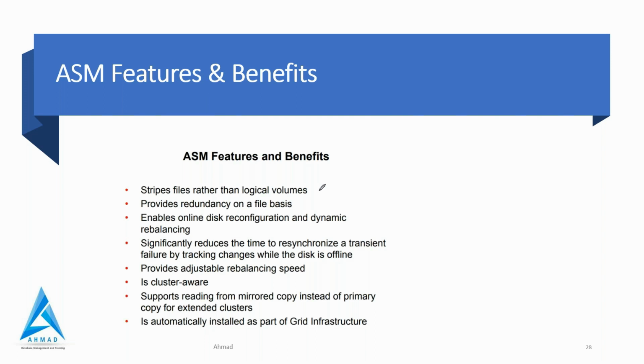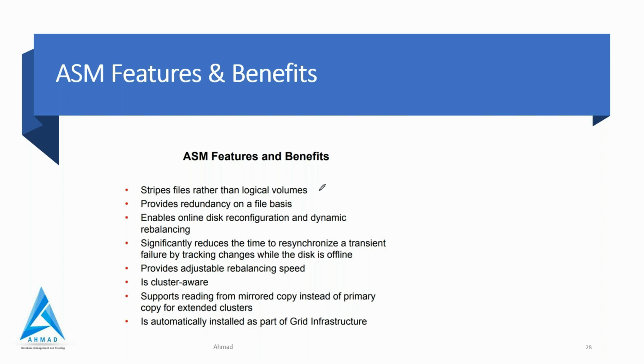Actually, ASM provides striping and mirroring, right? So ASM divides a file into pieces and spreads them evenly across all the disks. So suppose you had 4 disks, it will stripe the data file and distribute it equally to all the disks. Clear? And how will it do that?